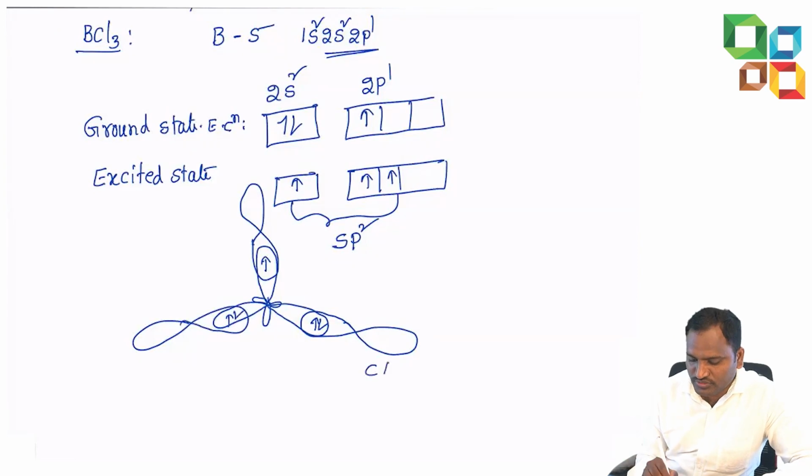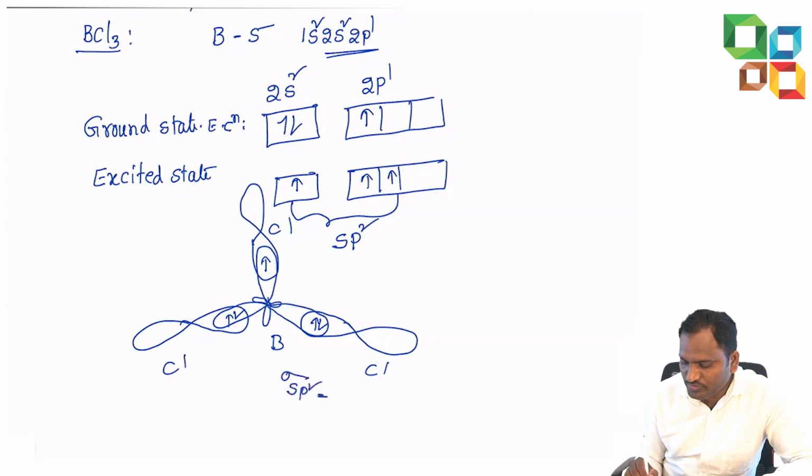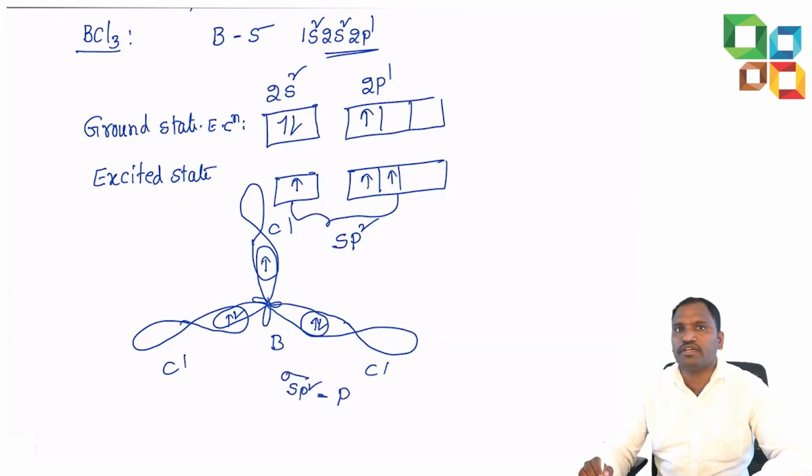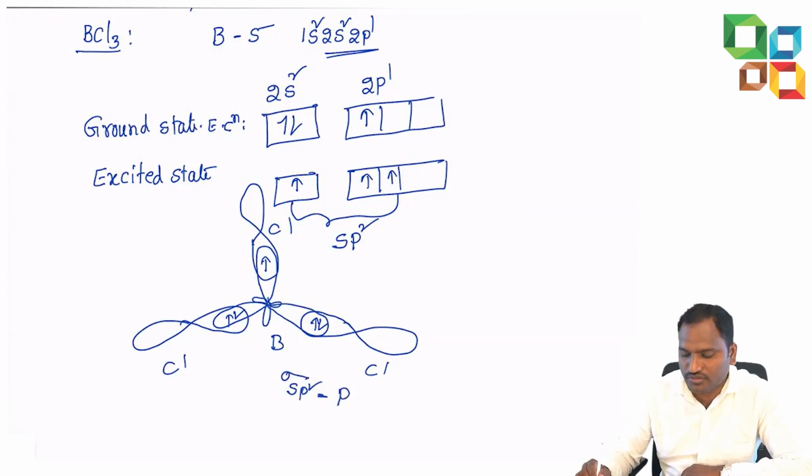This is chlorine, this is chlorine, this is chlorine. This entire thing belongs to boron. This way, the BCl3 molecule will form. So here, which type of overlapping, students? Sigma sp2-p.